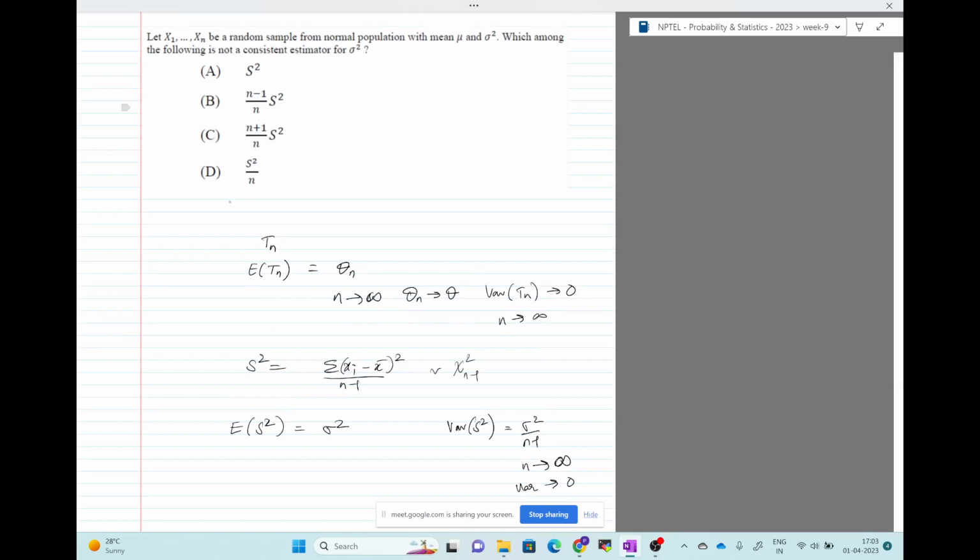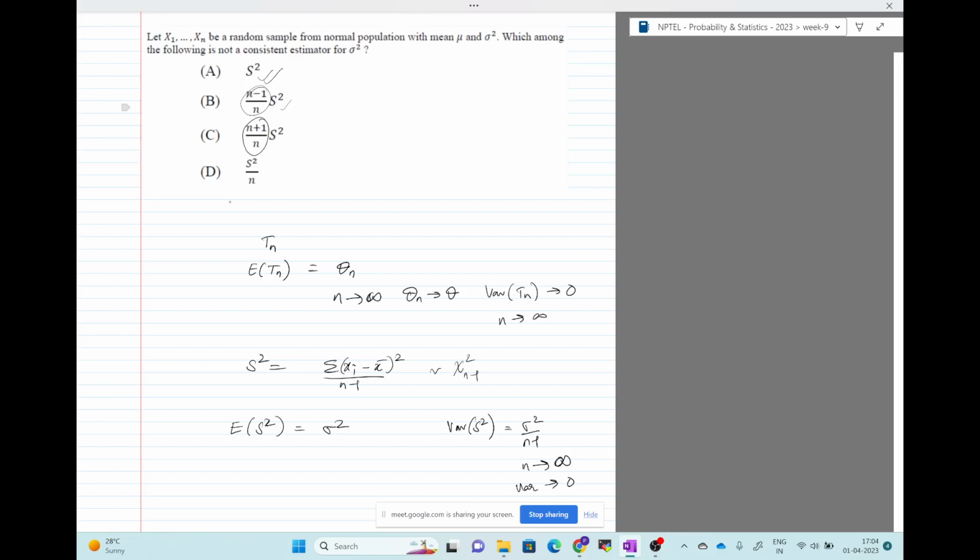We have been asked what is not consistent. This one is consistent. For this term, as n tends to infinity, this term will tend to 1 and this will tend to sigma square.